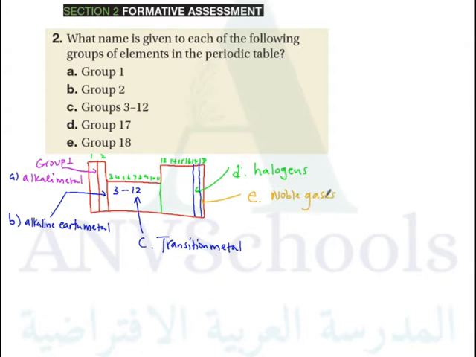They are very much inert towards reaction, with little or no reactivity. That's why we call them inert. So these are the names given: for group 1 alkali metals, for group 2 alkaline earth metals, then transition metals, halogens, and noble gases. These are according to the question.